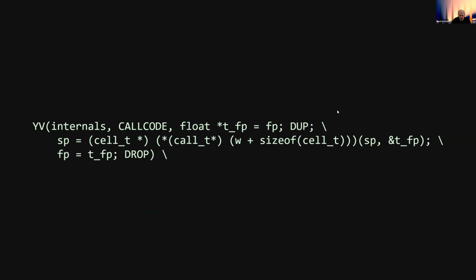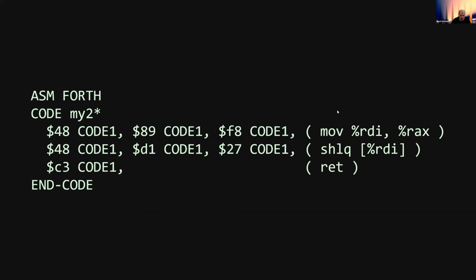This is what the transition looks like. It's a bunch of C gobbledygook, but the net result is that if you put in the bytes for the code directly, you can build up a word. So this is doing a times-2, where you need to copy over the stack pointer from RDI into RAX, and then it's shifting.